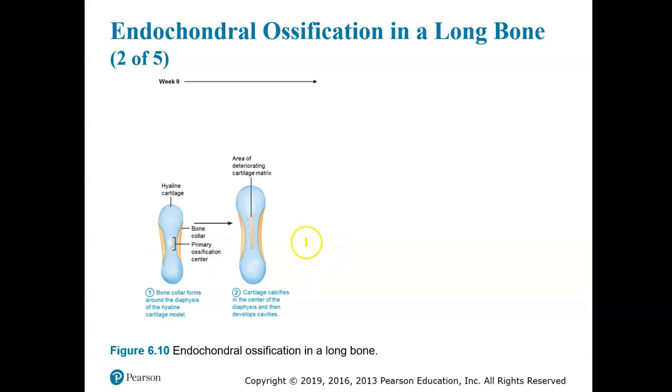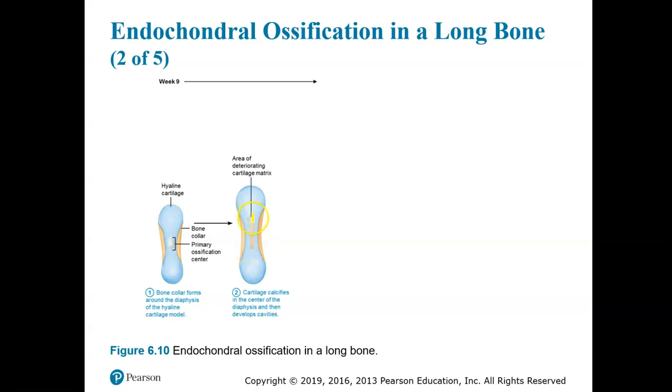In step 2, you have calcification occurring at that primary ossification center, and then the cavity starts to develop. And you also see the development of bone in the diaphysis. So the center and the outsides of the diaphysis, the cartilage is being replaced with bone tissue. So you've got bone tissue forming here, cavity forming here.